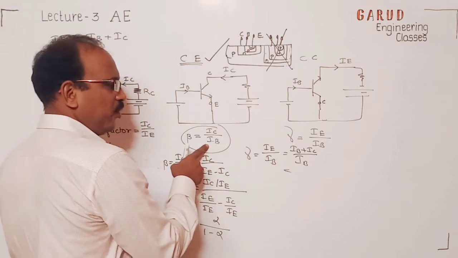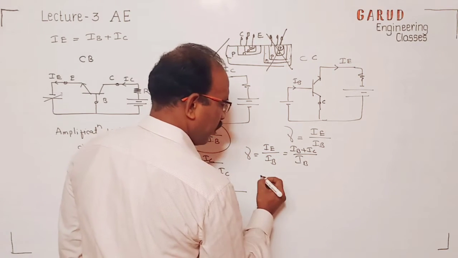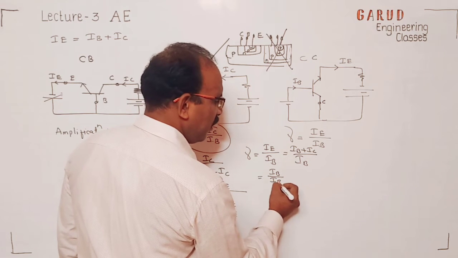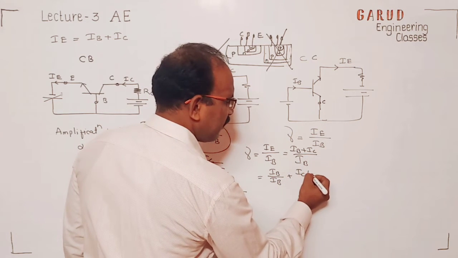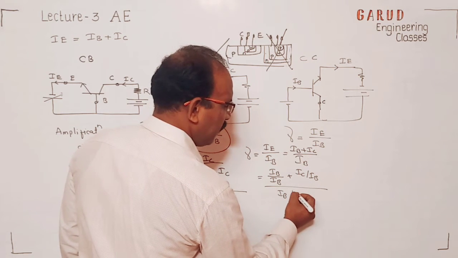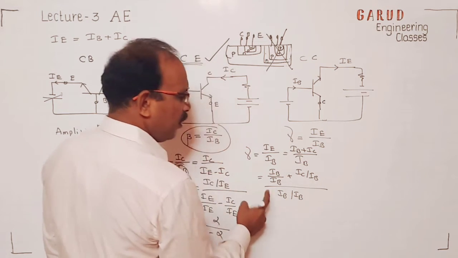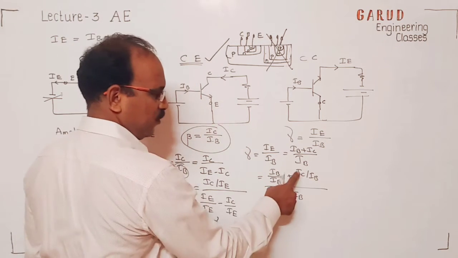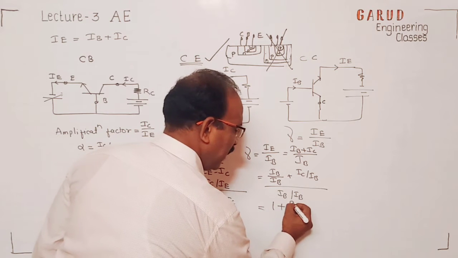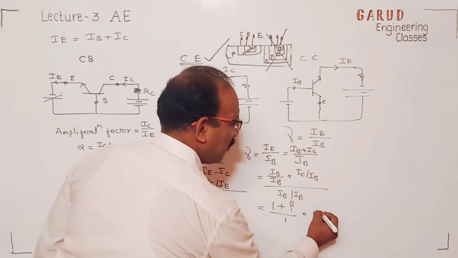Now you want to convert it to beta, so divide by IB. IB plus IC by IB, IB by IB is 1, plus IC by IB is beta. That is 1 plus beta.